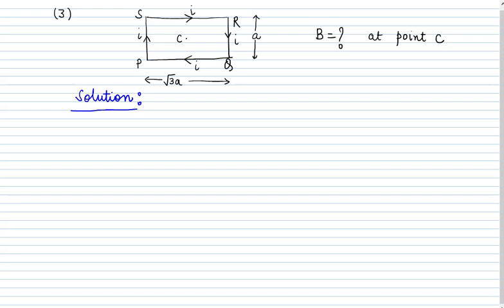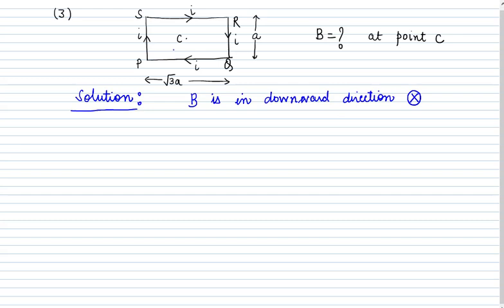So due to the current flowing in the rectangular loop, the B is always downward, into the plane of the paper. And to show the downward direction, we use the symbol cross. Right? So this is the direction of the magnetic field due to this current carrying rectangular loop.